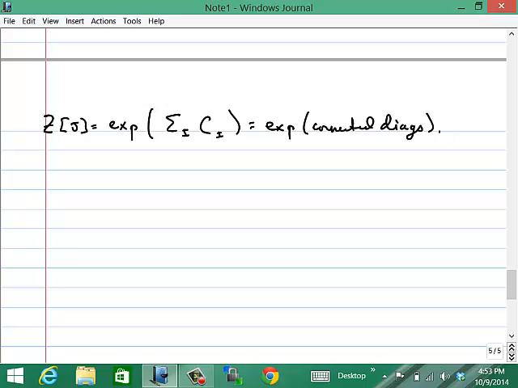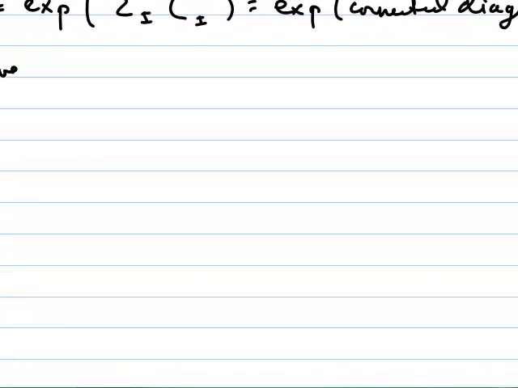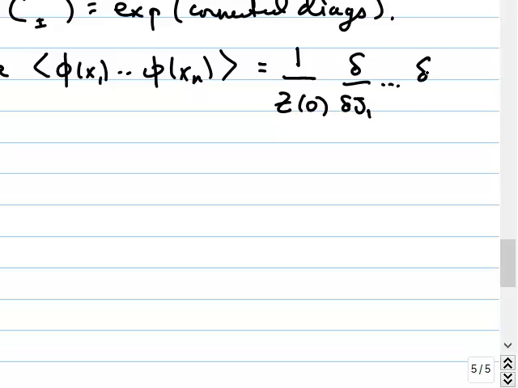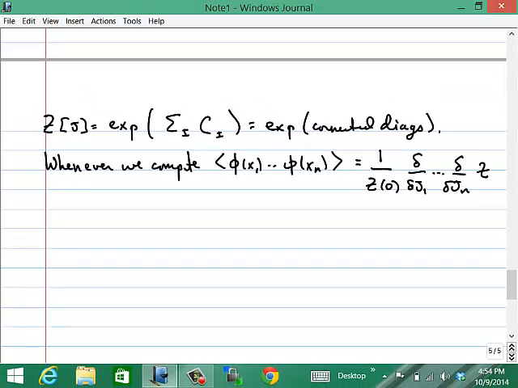Remember that whenever we compute a Feynman diagram, or whenever we compute a correlation function, what you do is you divide by Z at J equal to 0, with a bunch of derivatives with respect to J acting on Z. So you can now use this fact here to figure out exactly what Z of 0 is.